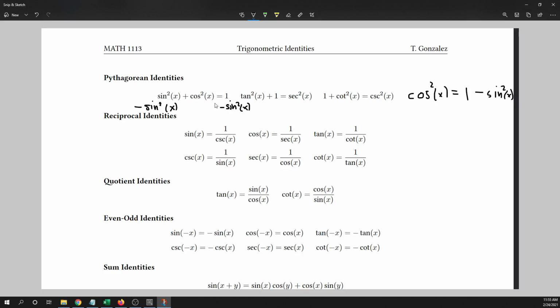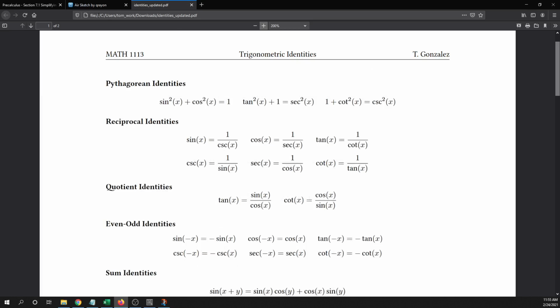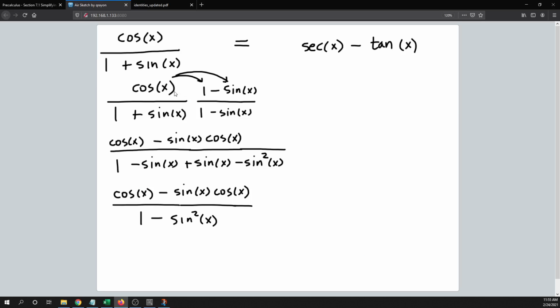This identity is a known identity. It's been verified. This one is true 100%. And so it's also true that this is an identity as well. I can rearrange identities that I already know. The identity that you're trying to verify, this one, don't do that. You're not trying to solve this one. You're trying to verify it.